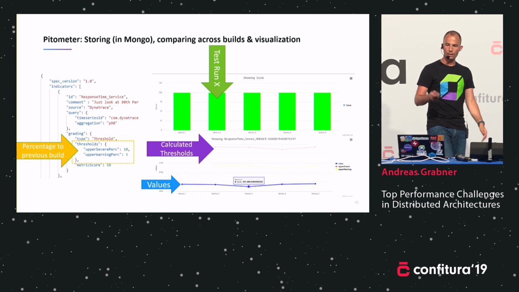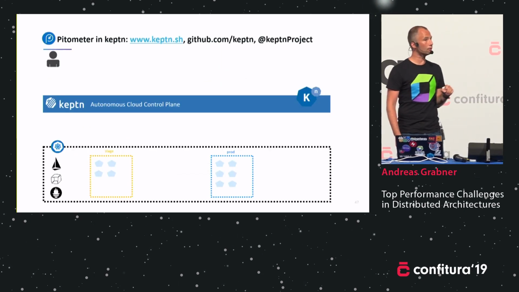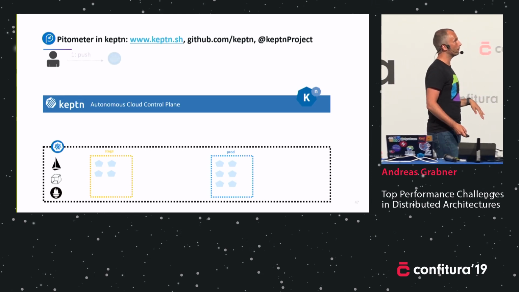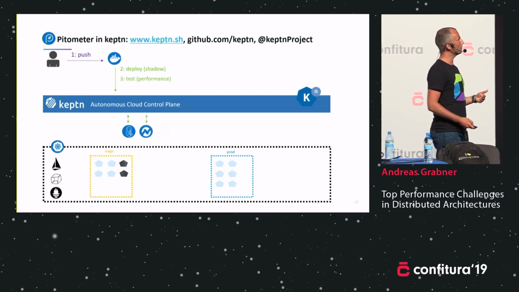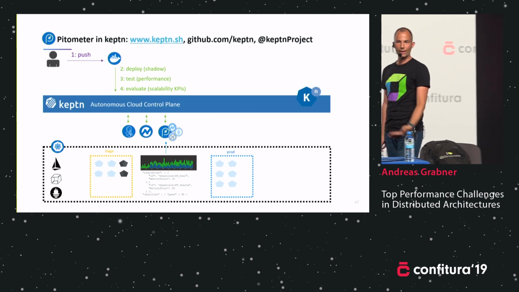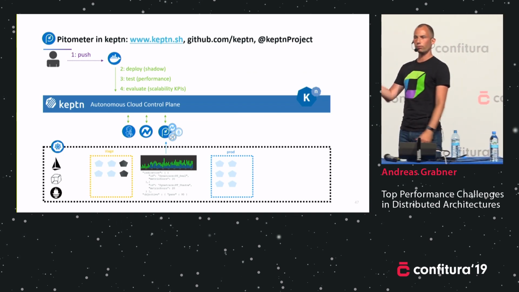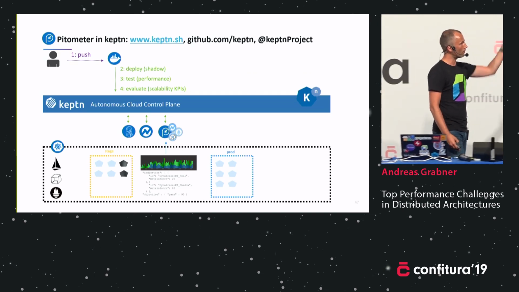Hopefully you contribute. And the bigger project where this is part of is called Captain. There's YouTube videos out there where I explain how Captain automates continuous delivery in Kubernetes environments. And one of the components we use in Captain is also Bitometer. So after deploying an artifact in Kubernetes, after running the tests, we run the grader.